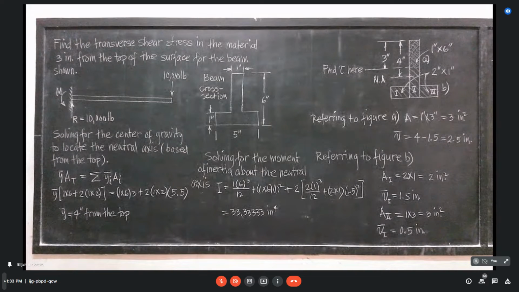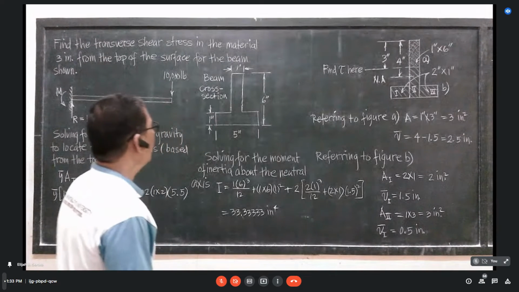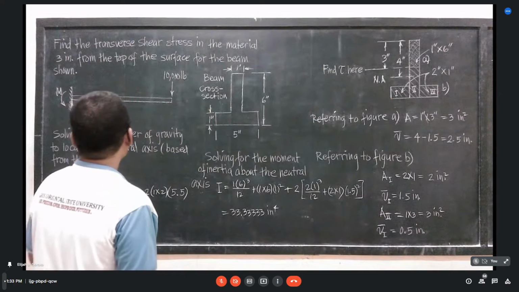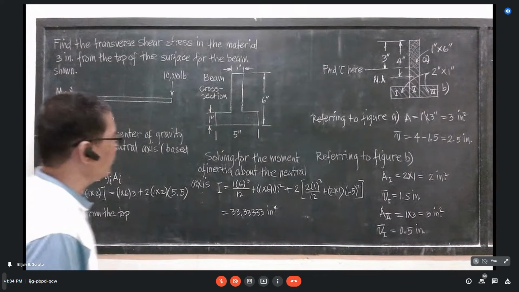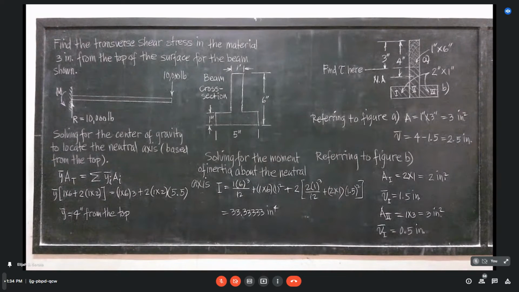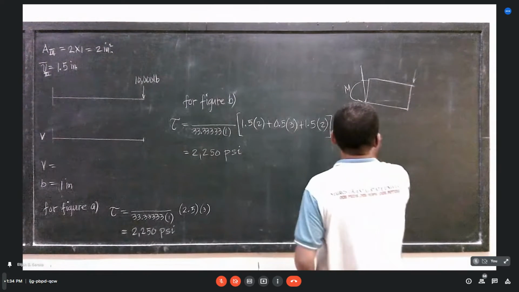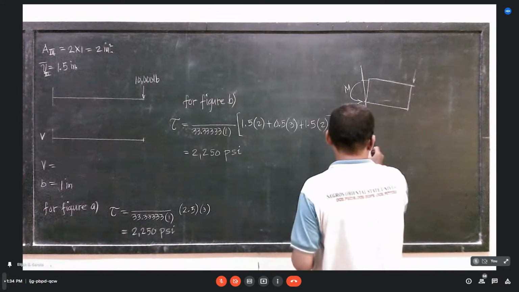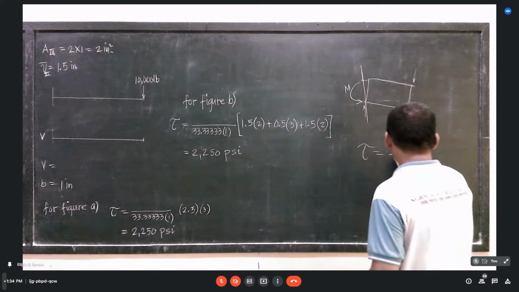Now, the next problem here is how we determine the moment of inertia. Remember, in your notes last time, tau is equal to VQ over Ib.